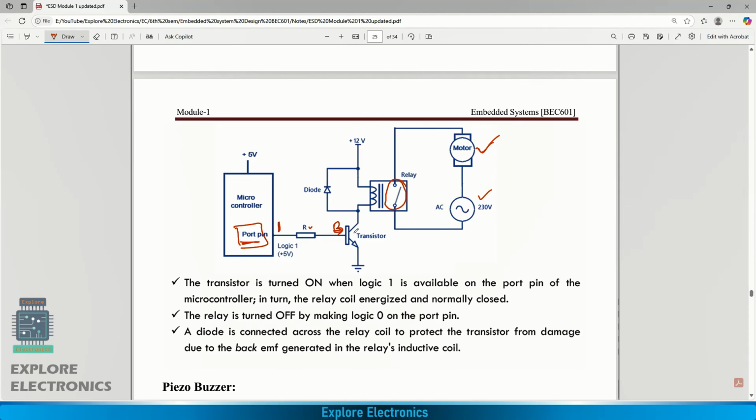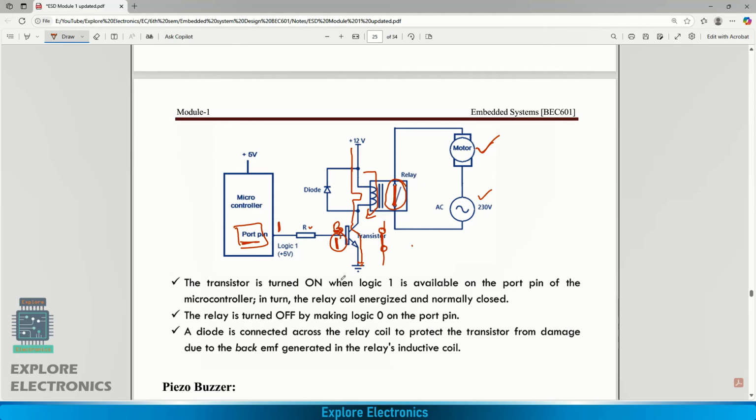So sorry, base of the transistor. Whenever this base gets a positive voltage, this transistor will be turned on. It means whatever voltage we provide here will pass through the transistor and go to ground. Until we provide 1, this transistor will act as an open circuit. If we provide 1 from the base, this becomes a closed circuit. Then only the current flows through the coil and it will make the switch turn on.